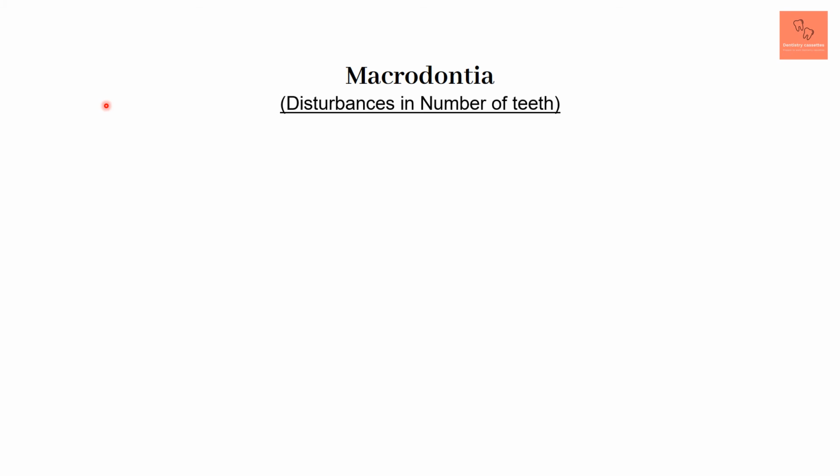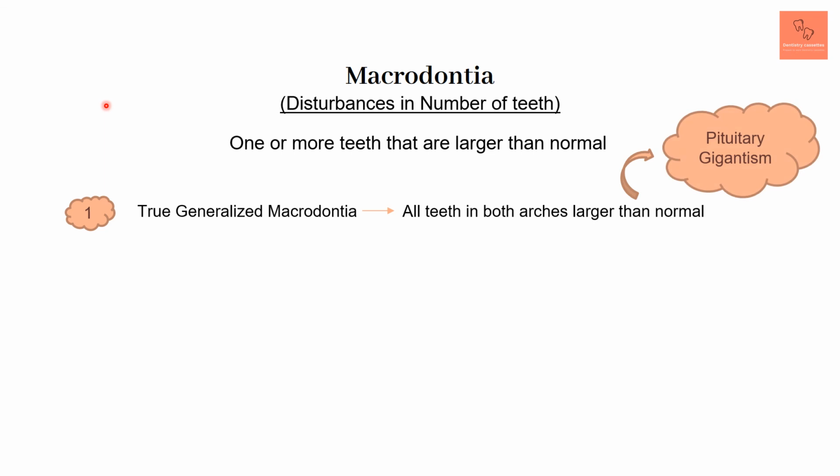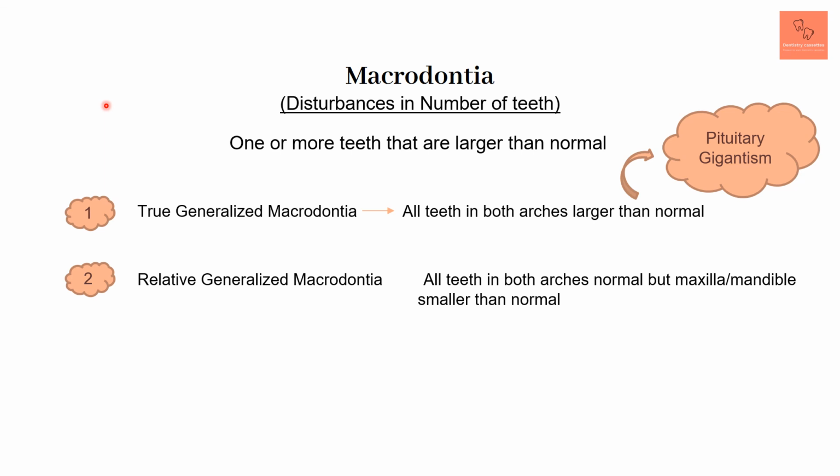Macrodontia. Macrodontia, as the name suggests, is when teeth are larger in size than normal. It is also of three types. The first is the true generalized macrodontia, in which all the teeth in both arches are larger than normal. This is often seen in case of pituitary gigantism. The second is the relative generalized macrodontia.